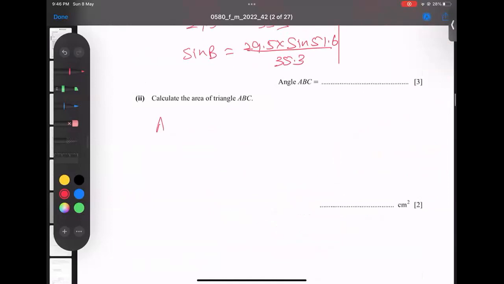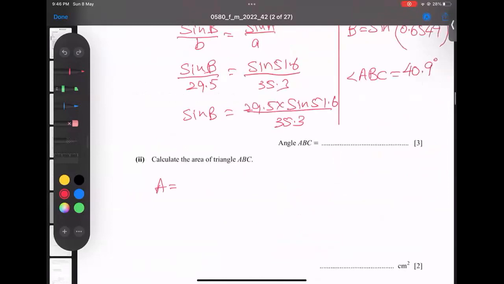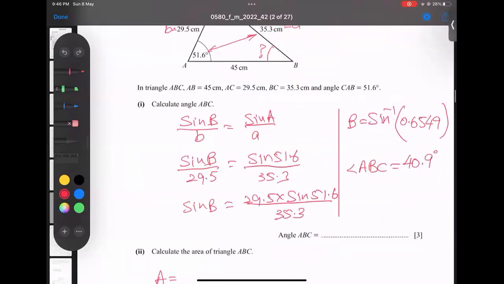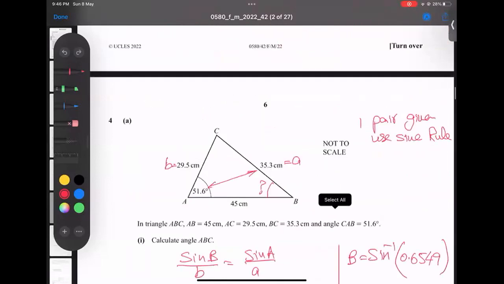And what is the area of triangle formula? Middle again, middle letter B. So I need this angle, so this side and this side. The condition is, whichever angle we need, this side and this side are my concern. So it means this a and this 45 I will take here. Half into 29.5 into 45 into sine of the angle I just got.